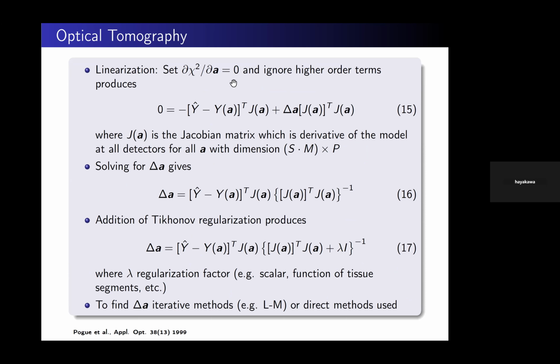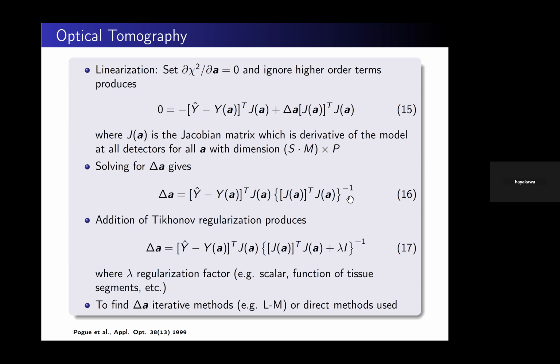This simplifies it, so we end up with something that looks like equation 15. This J now is the Jacobian matrix, the derivative of the model function. You can solve for delta A in this equation, pull it over to the left-hand side, and you end up with something like this. But you need to take the inverse of this thing in curly brackets, and that's a tough thing to do.